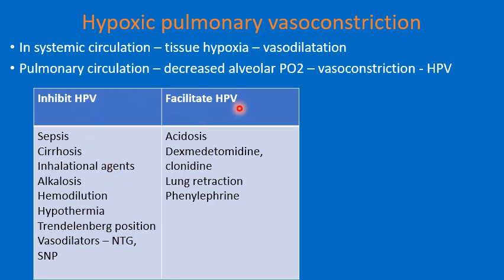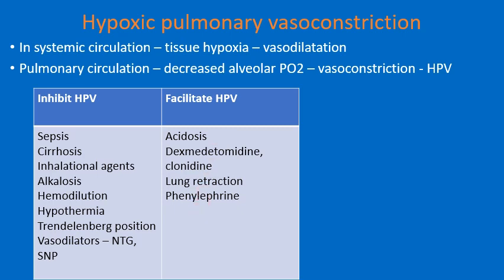The factors which promote HPV are acidosis, whether respiratory or metabolic, drugs like dexmedetomidine and clonidine, and lung retraction. When the lung is being retracted, the blood supply to the operated lung decreases, and HPV occurs because it is not being ventilated.